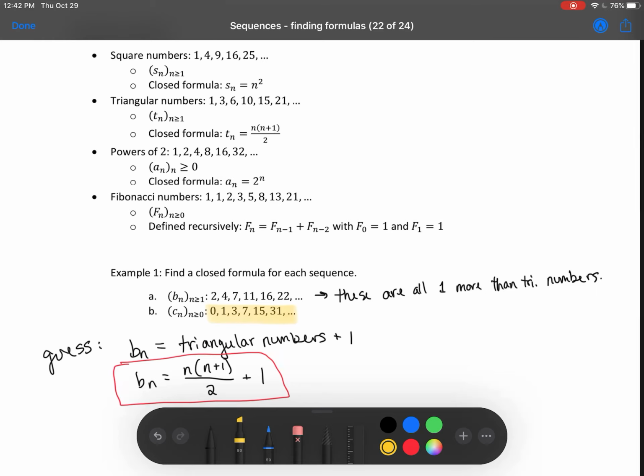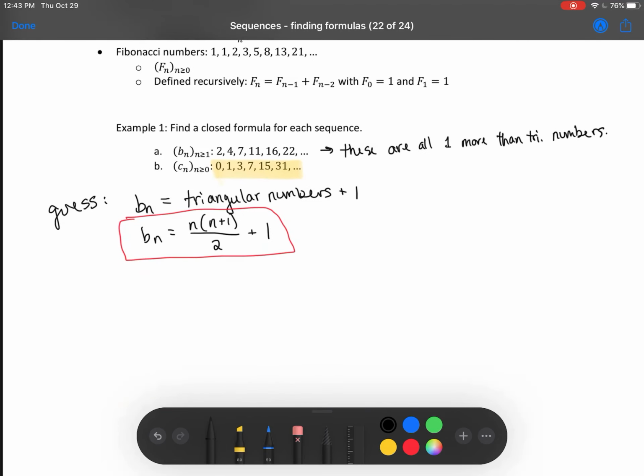So kind of looking at those, let's see. I would say they look a little bit similar to the powers of 2, but it looks like the numbers in our sequence C sub n are all 1 less than the powers of 2, right? So 1 minus 1 gives us 0, 2 minus 1 gives us 1, 4 minus 1 gives us 3, etc. So hopefully you can see that relation there.